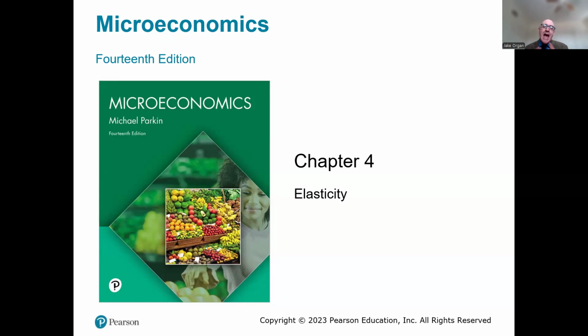But the question is, how much does it change? That measure of how much quantity demanded changes as price changes is the concept of elasticity. And what we're looking at today is price elasticity of demand. We won't look at other elasticities this week.